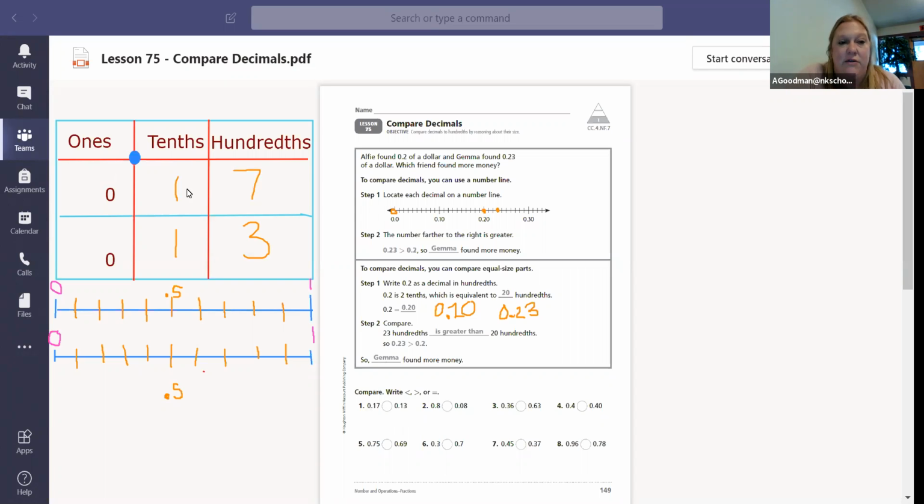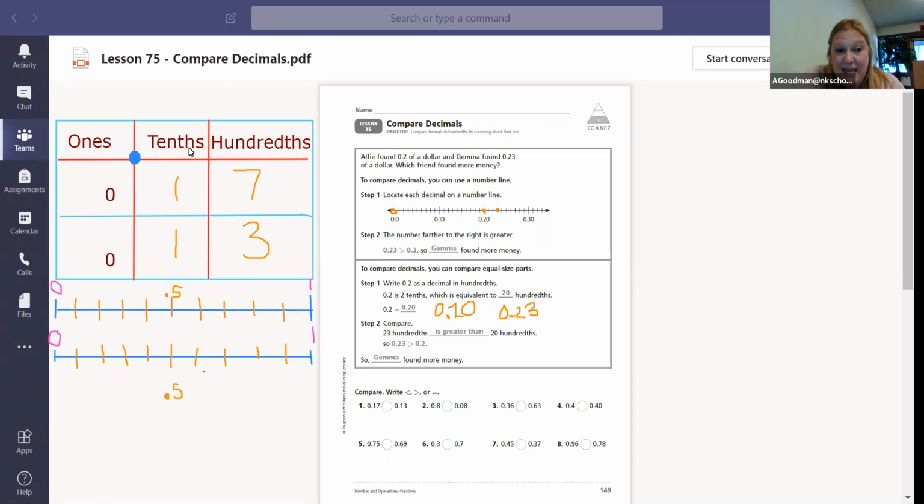Okay, so then looking by place value, if they both have 0 in the ones place, the next place you look is the tenths. So they both have the same number of tenths. So far they're equal. Then you go to the hundredths place. Whichever one is bigger, 7, it's going to be the bigger fraction.